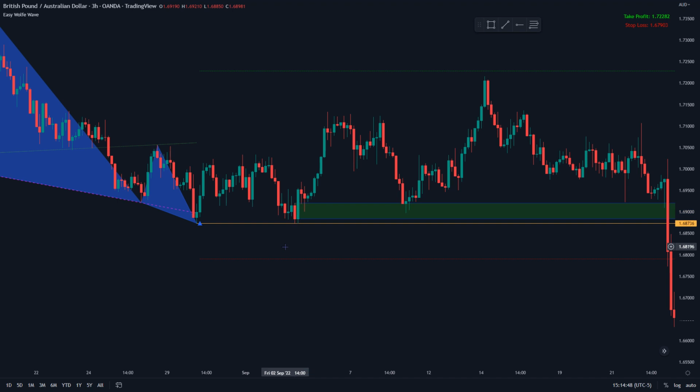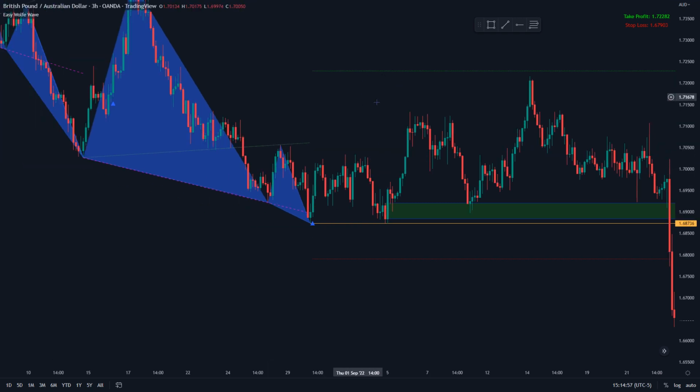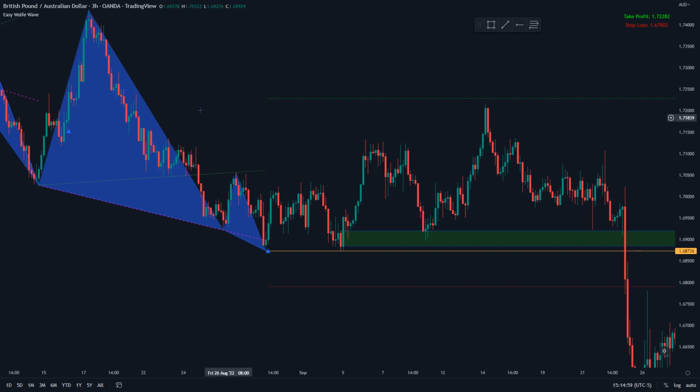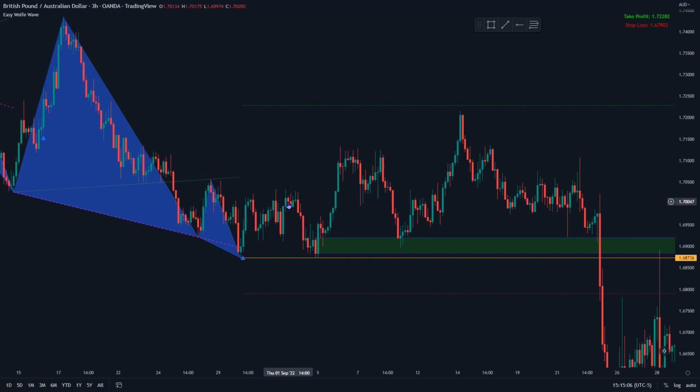A convincing break of structure, the high that created the low has now been broken. We still have lots of room to the upside. We don't have any bearish patterns that have formed yet. We just have this bullish one with, like I said, multiple price levels still to be hit.